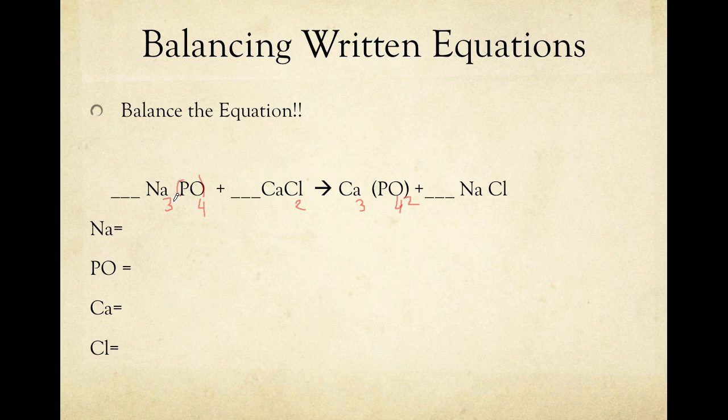What we have to do now is calculate how many are on one side and balance it with the other. On the left side of the yield, we have 3 molecules of sodium. For phosphate, we have only 1 molecule. We have 1 molecule of our calcium. And we have 2 molecules of our chloride.